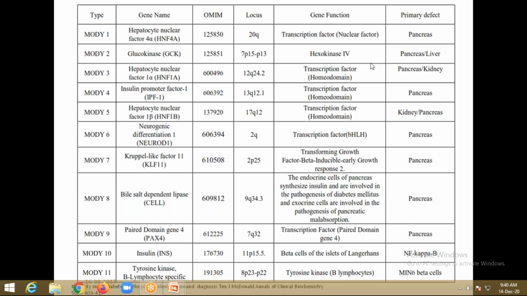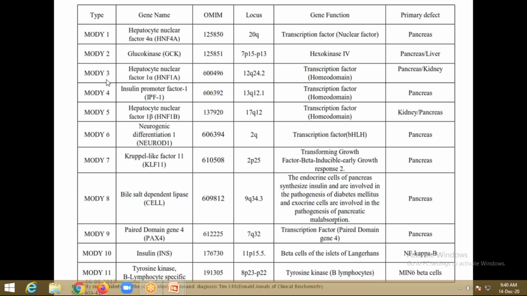At that level it is going to act, and there are going to be defects in the pancreas and also the liver in the case of MODY 2.